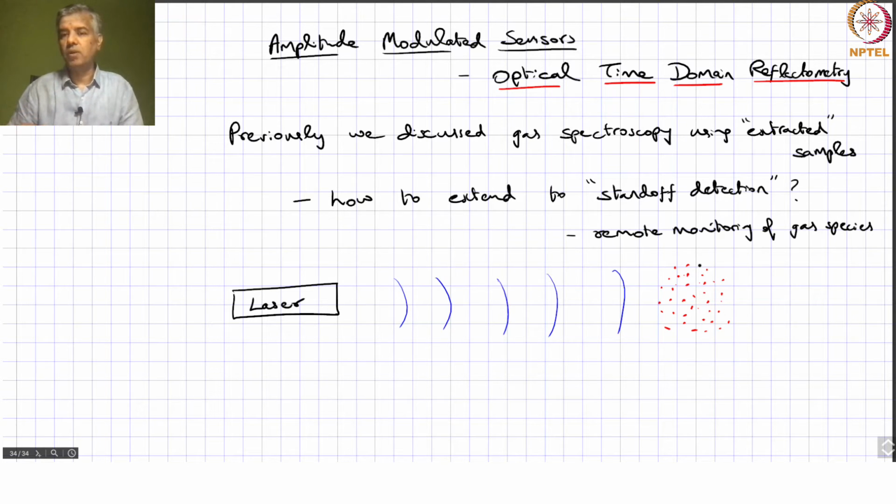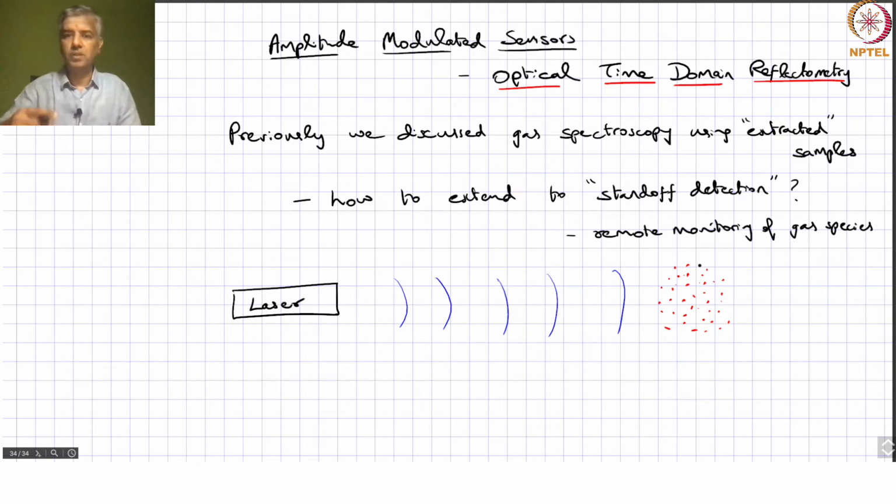Because that will obviously be very, very valuable information if we can do it from a remote location. So, for example, we go on exploration of the moon, and we want to understand what gas species is present in the moon's atmosphere.